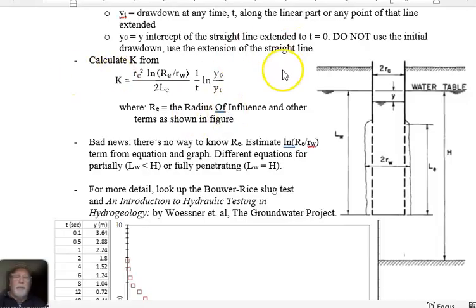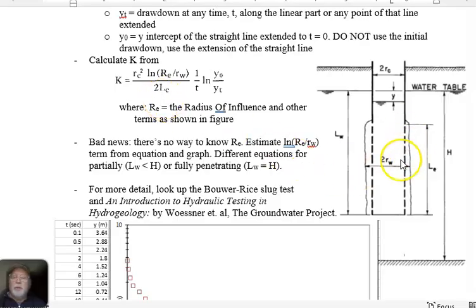They developed an equation where the hydraulic conductivity K is Rc squared, where Rc is the radius of the casing, that's the pipe, times the log of Re over Rw, where Re is the radius of influence and Rw is the radius of the hole, the borehole, over 2Le.